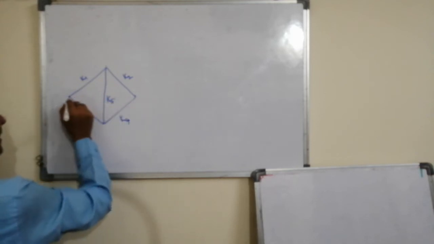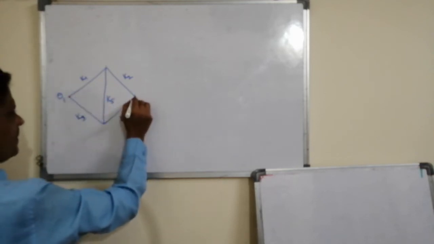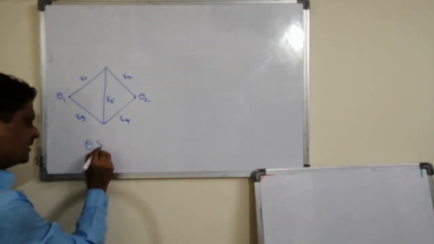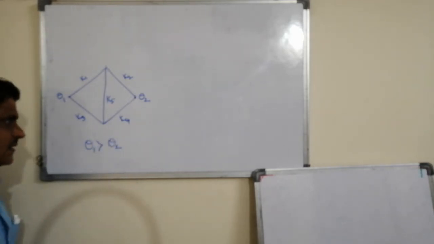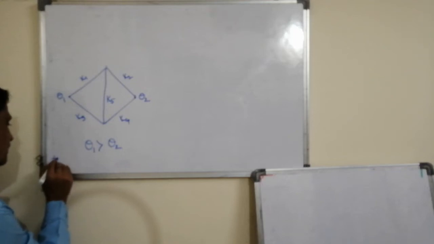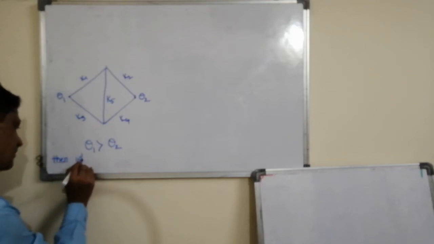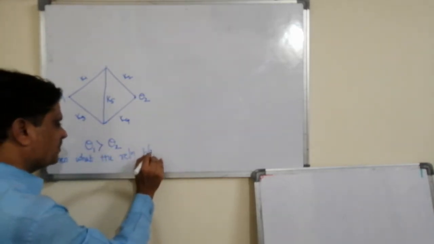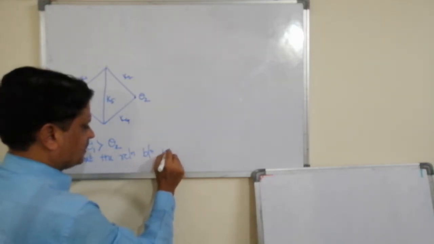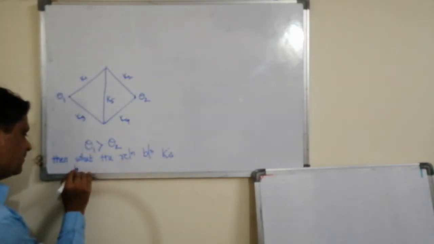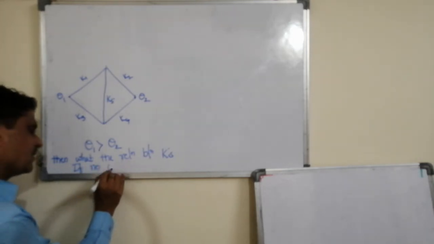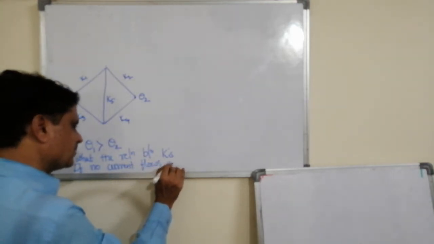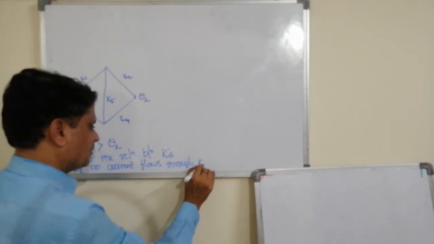If this end is at a temperature theta1 and this end is at a temperature theta2, such that theta1 is greater than theta2, then what is the relation between the K's if no thermal current flows through K5?